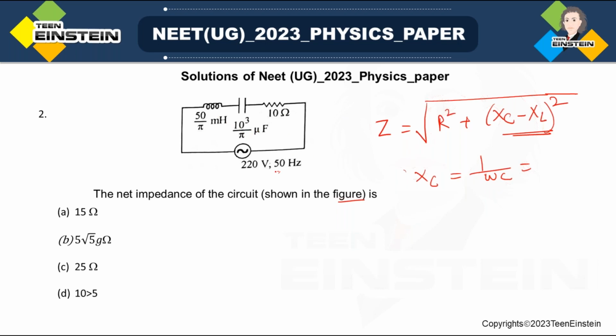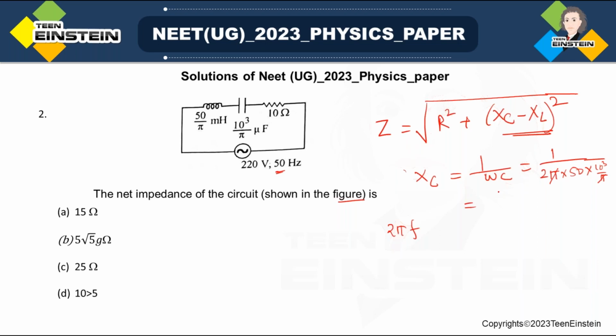Here the frequency is given as 50 hertz. So omega is 2 pi times the frequency. That means we have to write here 1 over 2 pi into the given value 50, and C is given as 1000 by pi, or 10^3 by pi. So this pi goes off.